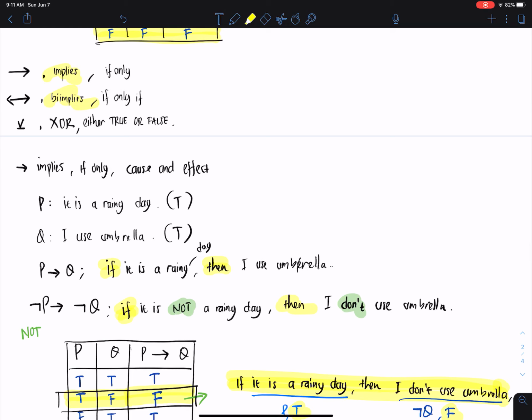Biimplies. So Biimplies, with two arrows in there, we call Biimplies, if only if. There is also another term, vice versa.